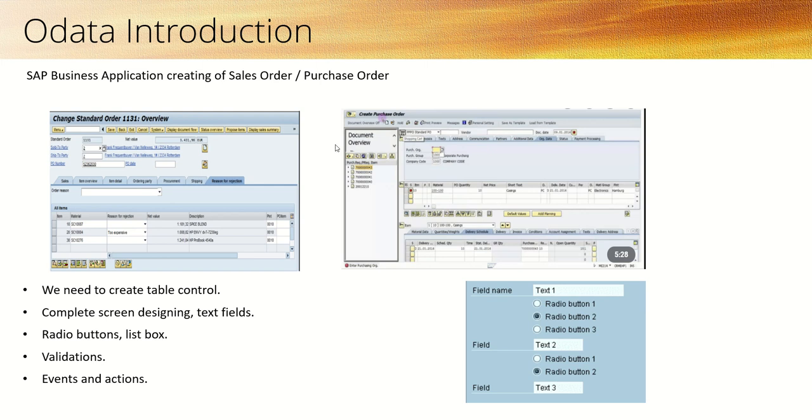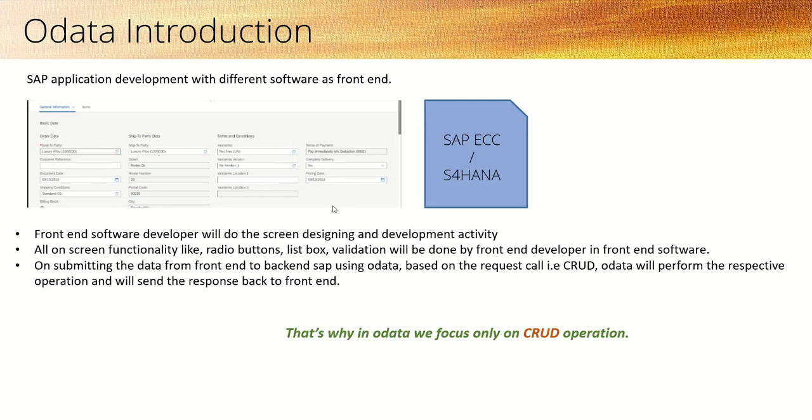But if you compare the same scenario in which we are using a different front-end system, for example, a Fiori screen or UI5 screen, but in the backend we have ECC or S4HANA. So in this case, generally the front-end developer is different. Not necessarily UI5, this can be any software, Salesforce, C4C, any other application.